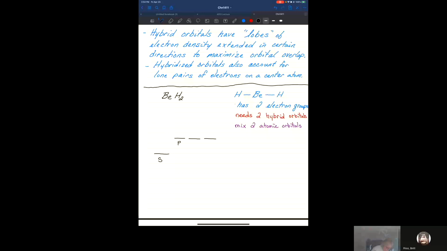So let's see. This is the p subshell, so px, py, pz. Again, that's just convention. I could name it anything I wanted to. I could number it anything that I want to. And beryllium is in group 2. So it has 2 valence electrons.